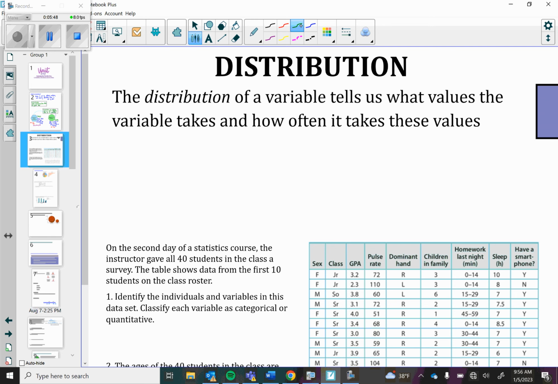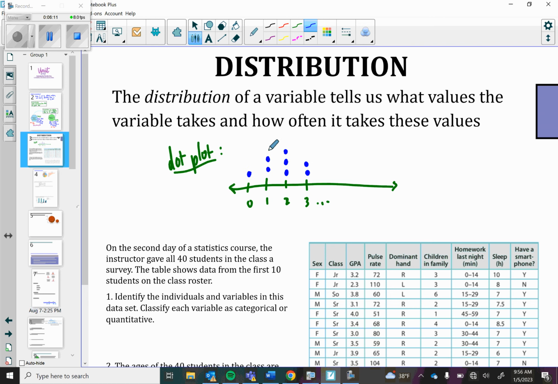A really good example would be the dot plot that you made for the Pepsi promotion. Now, I am making this video before we did that, but your dot plot probably looked something like this. 0, 1, 2, 3, and we have dots above how many winners there were in each sample.